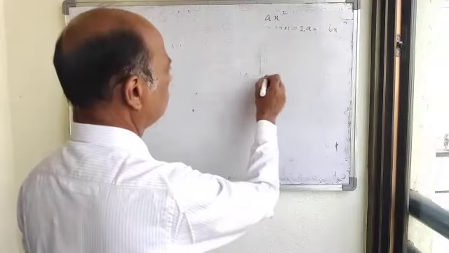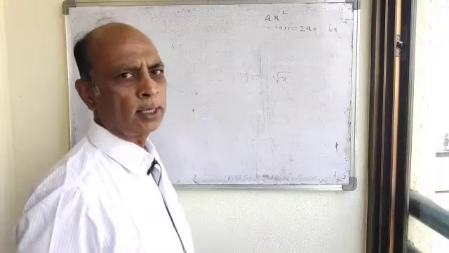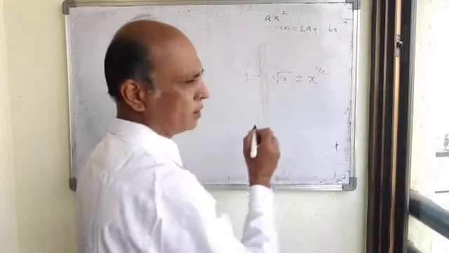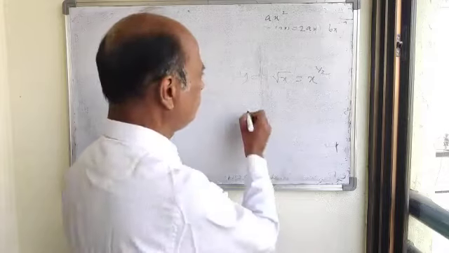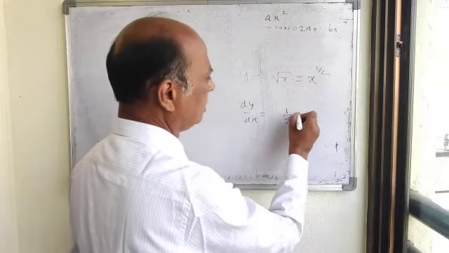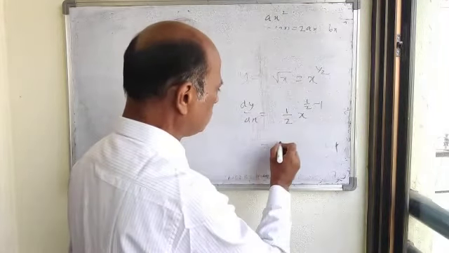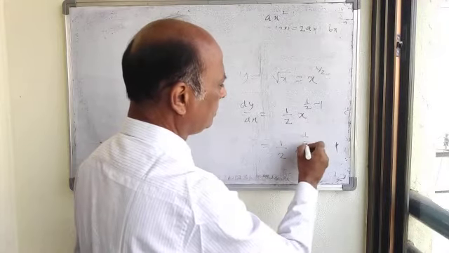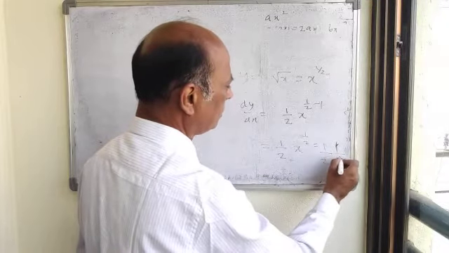Now if y is equal to root x, many times we have to use this formula. Root x means x to the power half. So here you can use the formula of the power function. So dy by dx is equal to half x to the power half minus 1, which is half x to the power minus half. x to the power minus half can be written as 1 upon x to the power half.